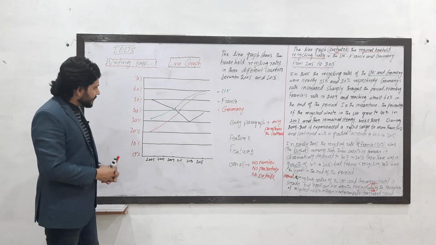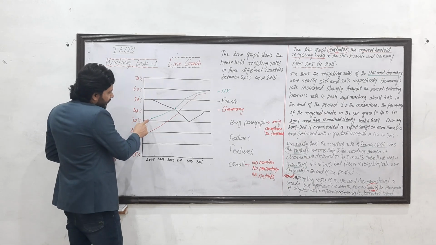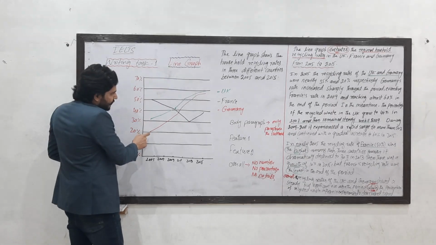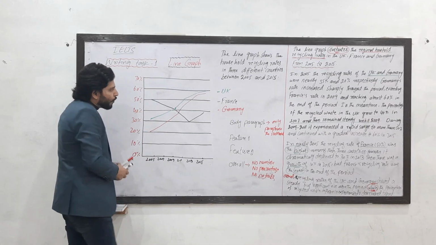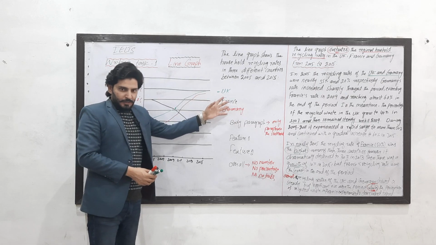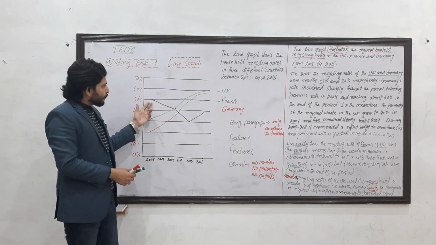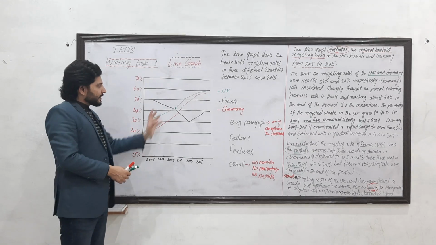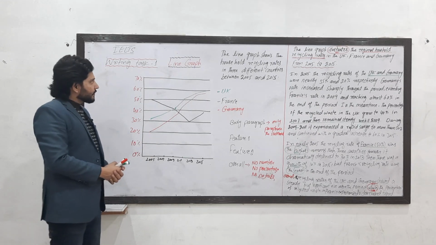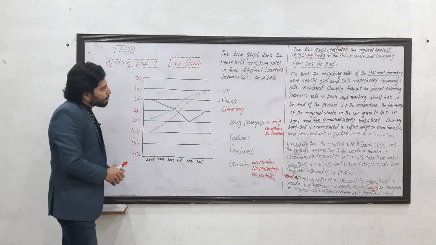Look at the trends. UK and Germany show an upward growth and France shows downward growth. This is a general trend of this line graph.